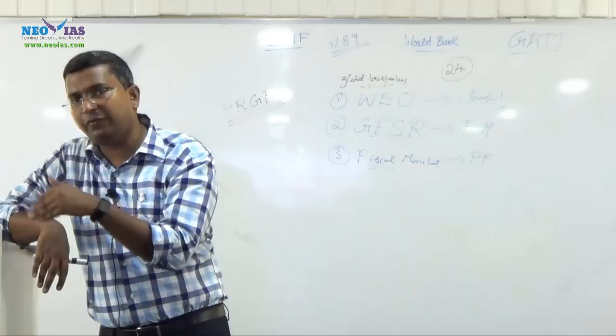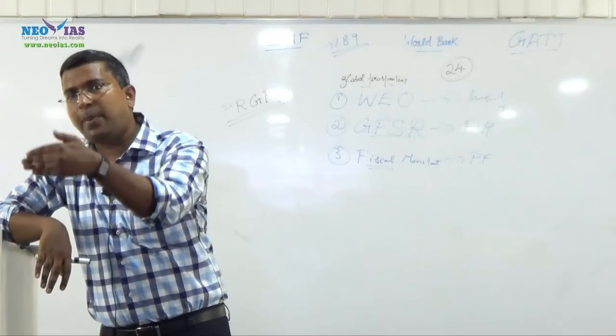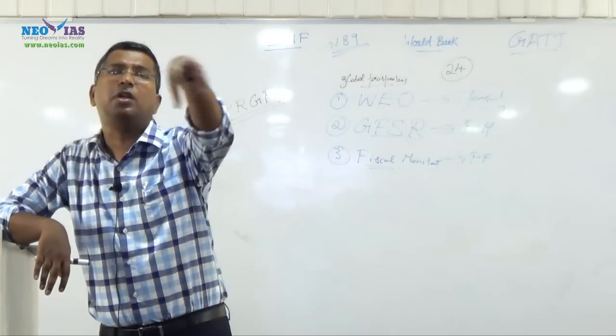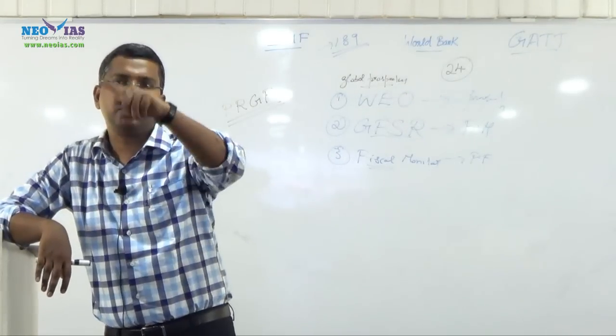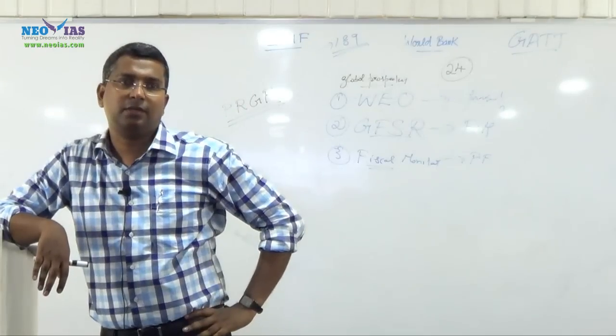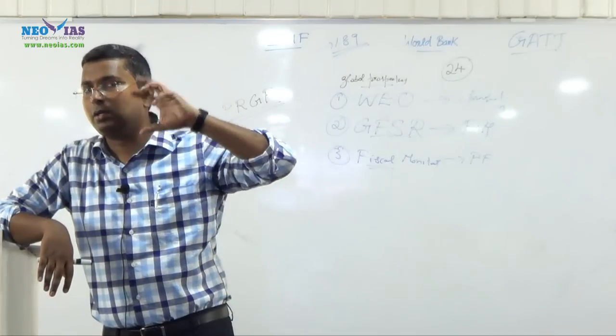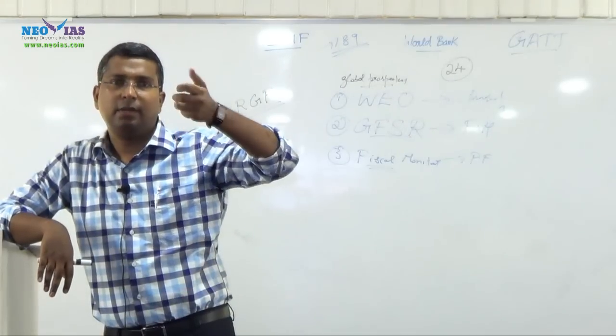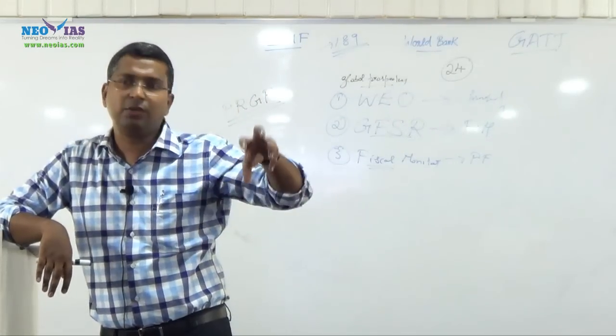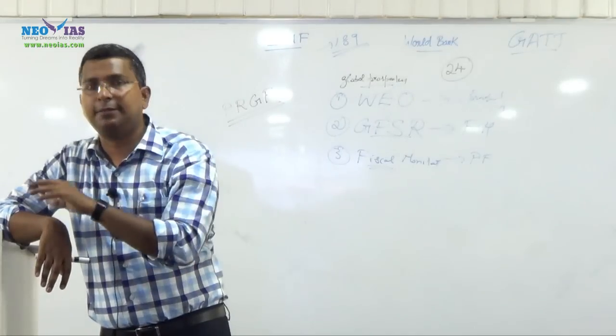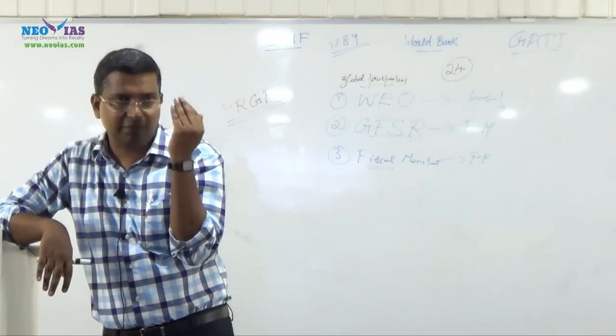In the case of India, Nepal, Bangladesh are put under one constituency, and to that constituency one member will be represented. Countries like the US, the top 5 quota countries, have separate individual executive directors, and for others it is through constituency. Just have an idea.